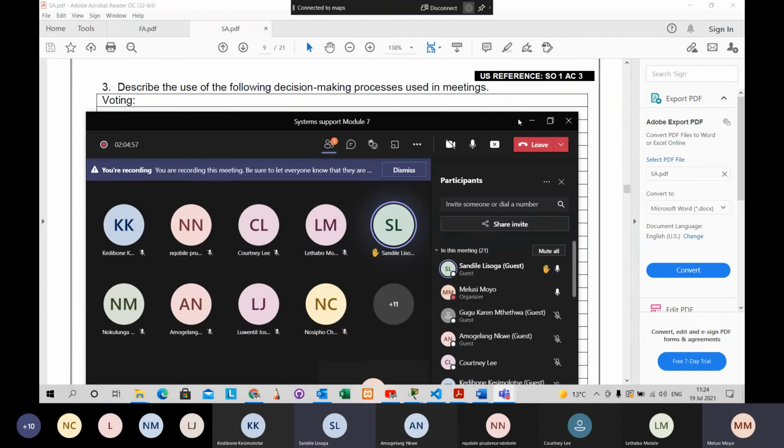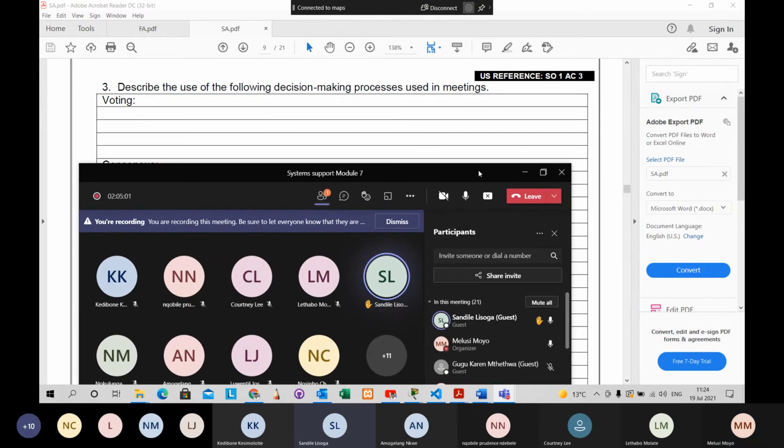So you see in most meetings, where there are shareholders or maybe we're brainstorming something, individuals will bring their ideas, and then people will vote for that certain idea. Maybe someone raises an idea, and then we will vote on who will go with the idea and who is against the idea.